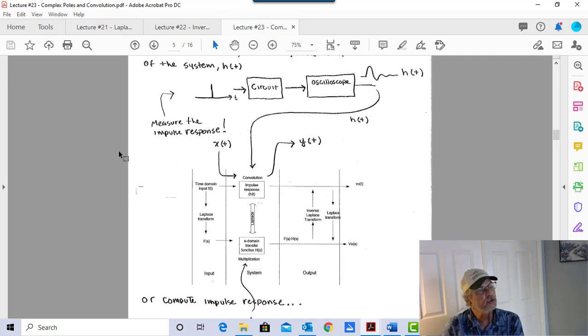And into that circuit, I put in a little slice of a triangle function. So in went my triangle function, and we convolved it with the impulse response, and we got that nice little output that we showed in Excel.